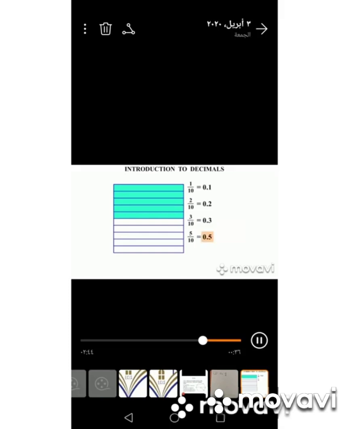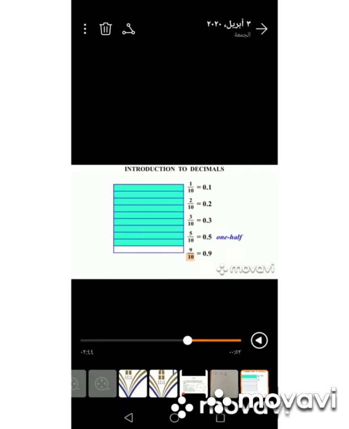So 5/10 is the same as 1/2. If we shade 9 parts out of 10 parts, then our fraction will be 9/10, and in decimal form it will be 0.9.